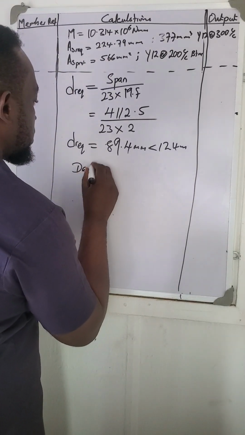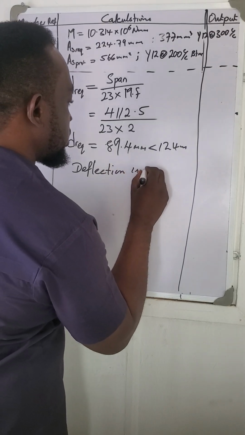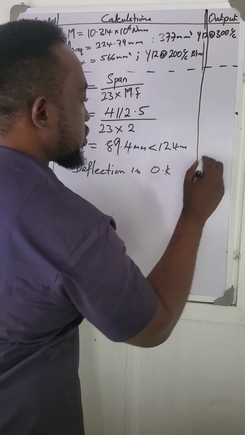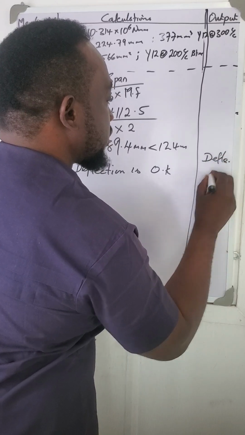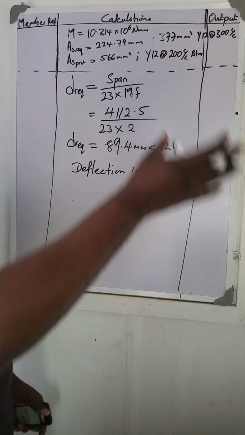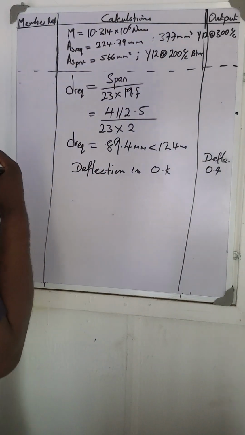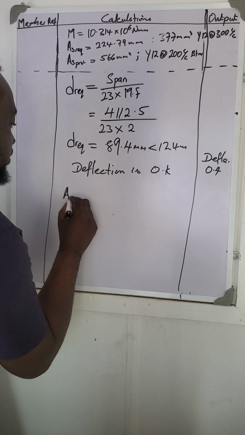The deflection is okay. You can come here now. The output: deflection okay. All right. Then after you have calculated for all your steel, the area of steel, now see As provided.